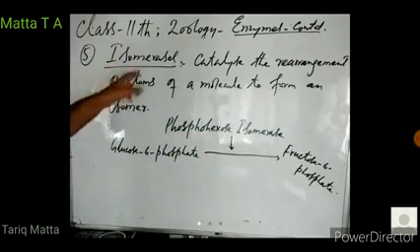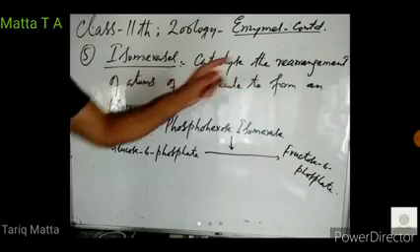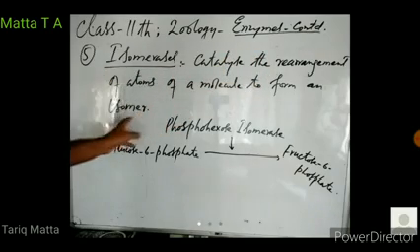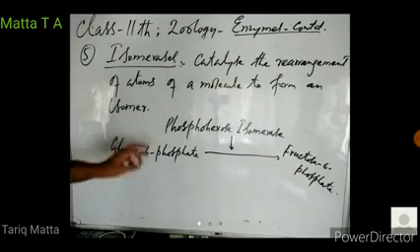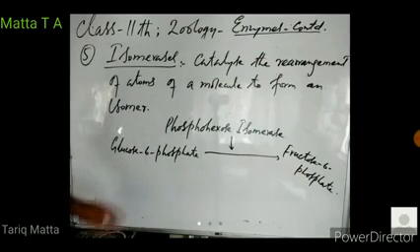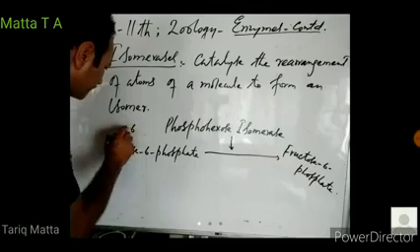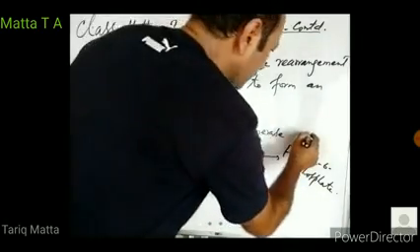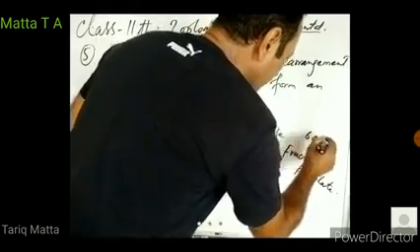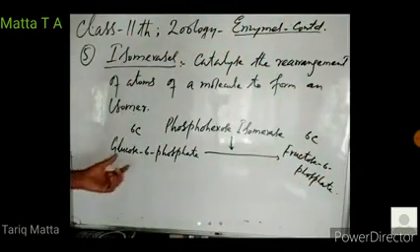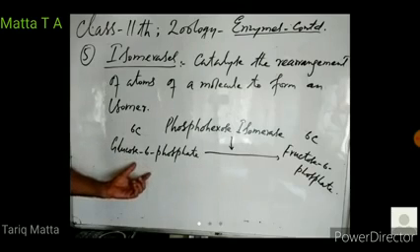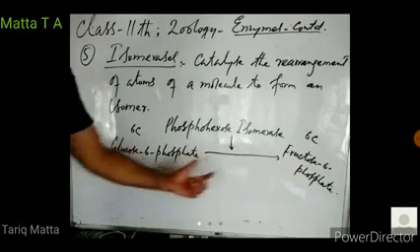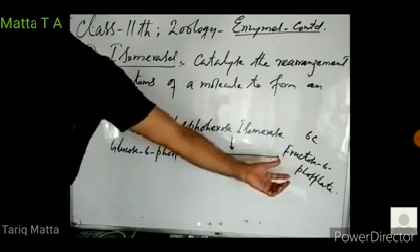So isomerases are those enzymes which catalyze the rearrangement of atoms to form isomers. For example, glucose 6-phosphate, a 6-carbon sugar, is converted into fructose 6-phosphate, a 6-carbon sugar, right? But glucose 6-phosphate is an aldose sugar, and fructose 6-phosphate is a ketose sugar.